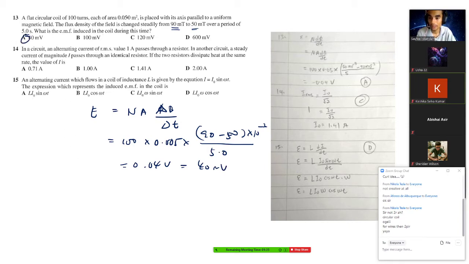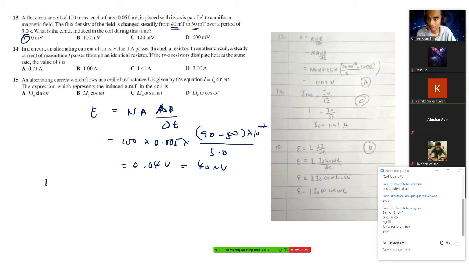In the circuit, alternating current of RMS 1 ampere passes through a resistor in the steady current. So number 14, RMS current 1 ampere. If the two resistors, the value of R is okay.